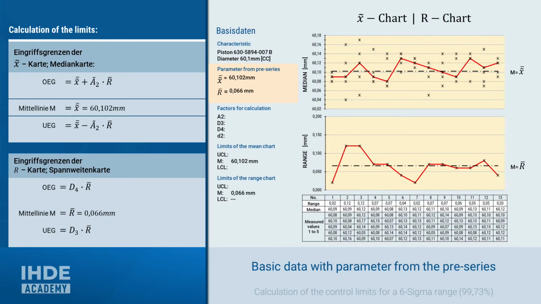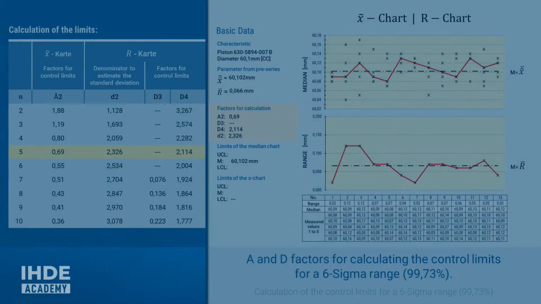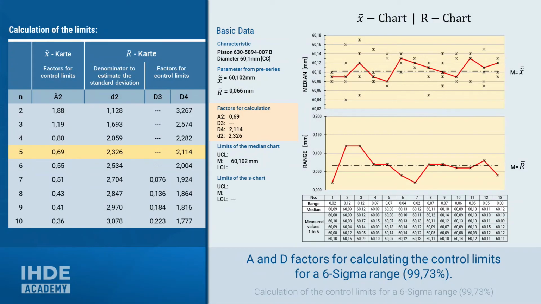The only remaining unknowns are the factors A and D. These are next taken from tables that can be found in the relevant literature or on the internet. A section of such a table is reproduced here on the left. For a sample size of 5, as in our example, we take the value for A2 as 0.69.